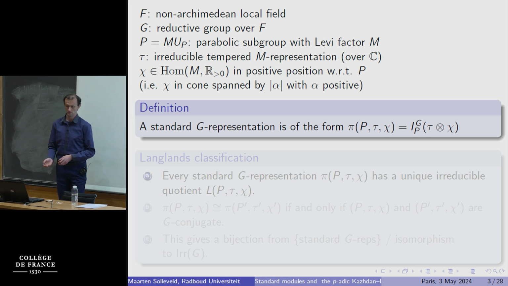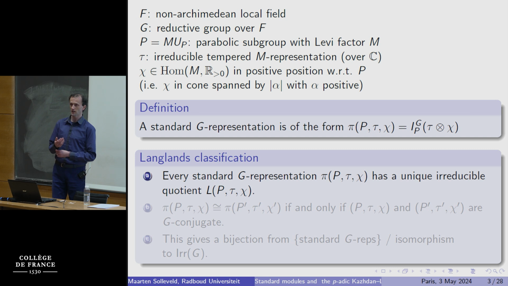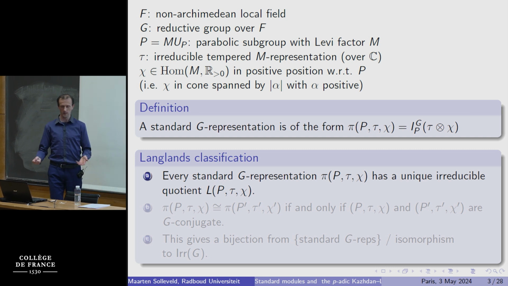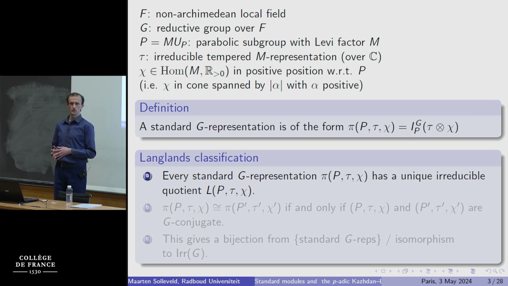The name probably comes from the main result about standard representations, that they are a very important step in the classification of all irreducible representations. Namely, it can be shown that every such standard representation has a unique irreducible quotient representation.